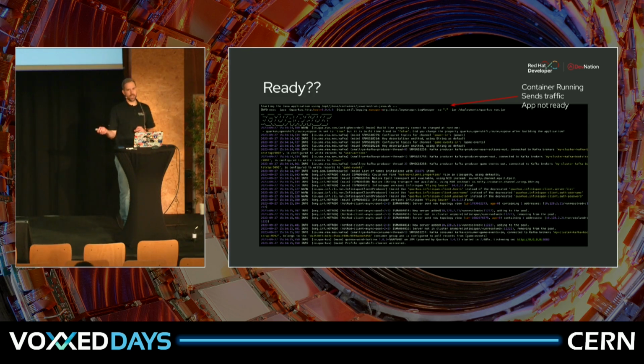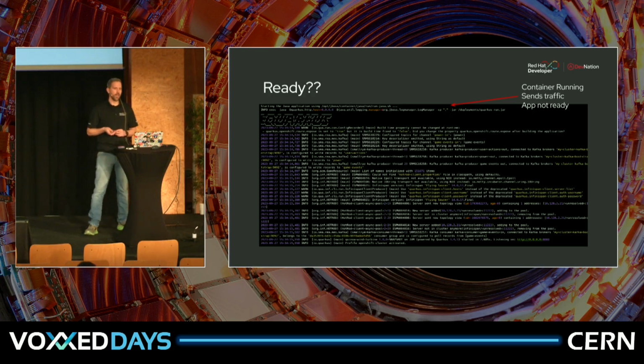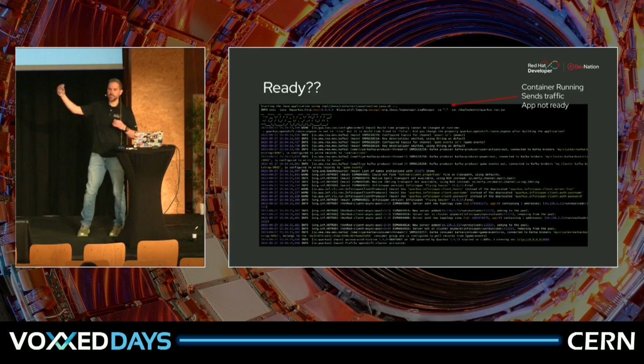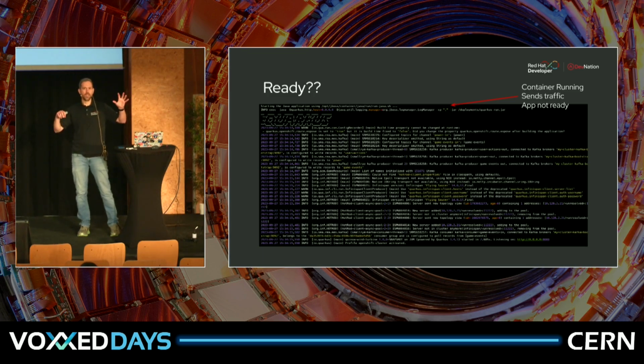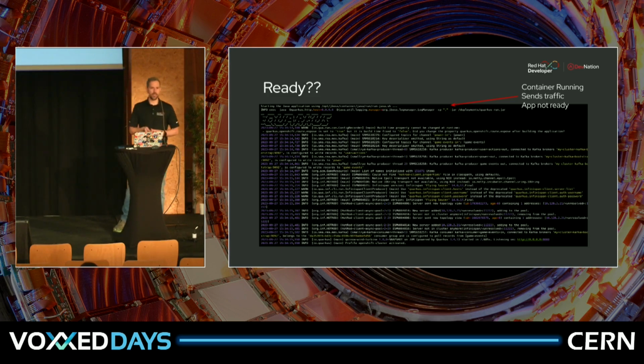And in the meantime, when your application gets deployed, and the container starts up, then Kubernetes thinks, OK, it's ready. We can send traffic to it. But instead, our application is actually not ready yet to receive that traffic, right? So especially if you have multiple instances that you're starting up, some of them are ready. Some of them may not be ready. You can actually tell Kubernetes which ones it should send the traffic to.